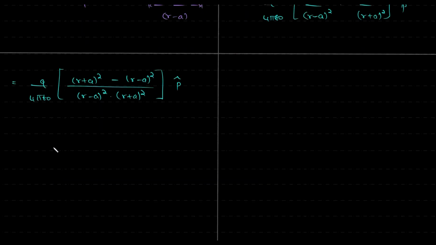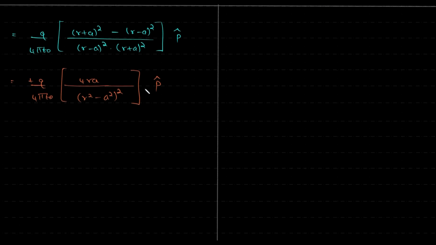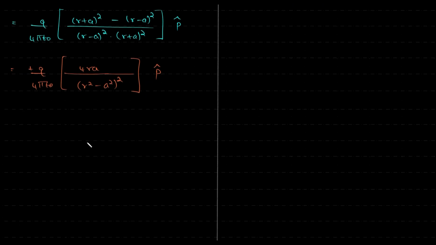Now, when we solve the numerator, this will result in 4ra, while the denominator is in the form of a plus b into a minus b, so this will be r square minus a square the whole square, p cap. Right, guys? I hope you understand how 4ra comes into the picture: a plus b the whole square minus a minus b the whole square. If you use that formula and solve, you'll end up with this.